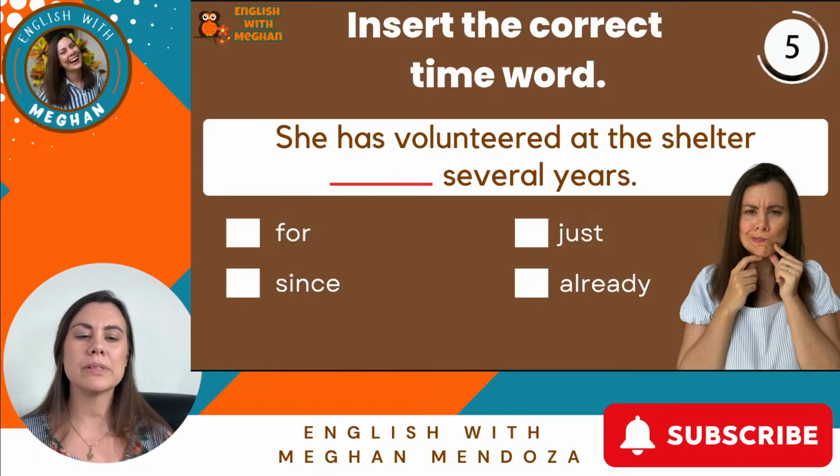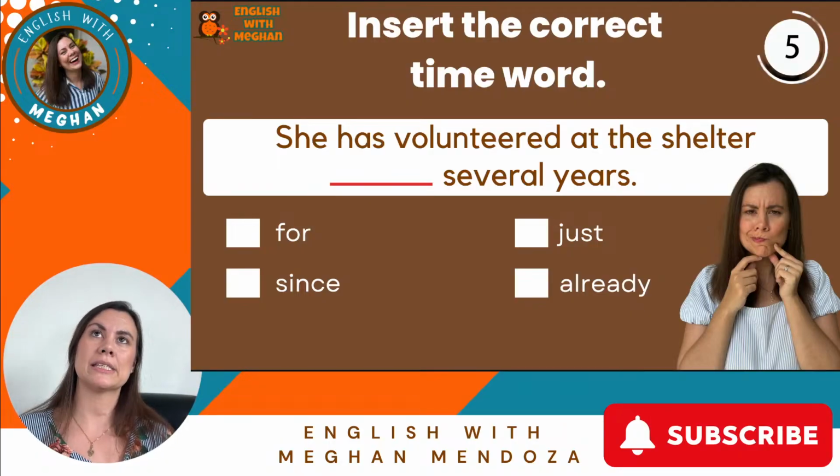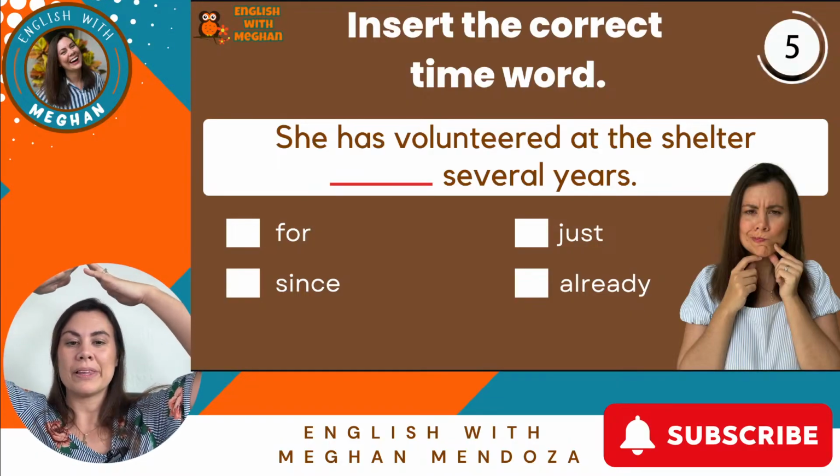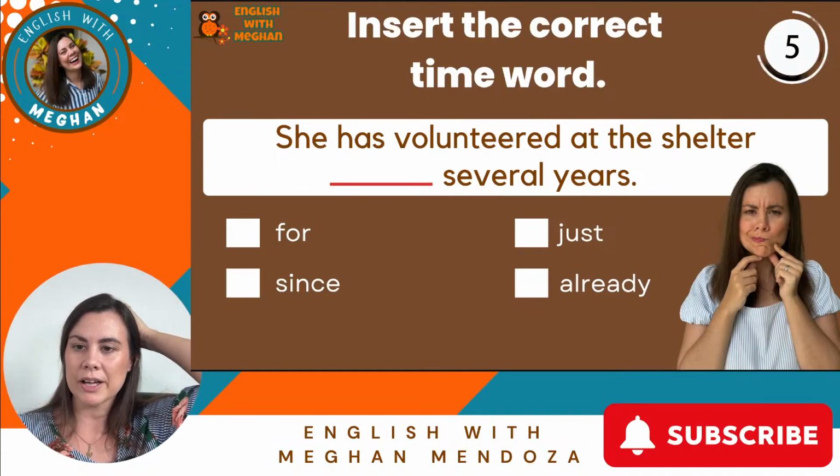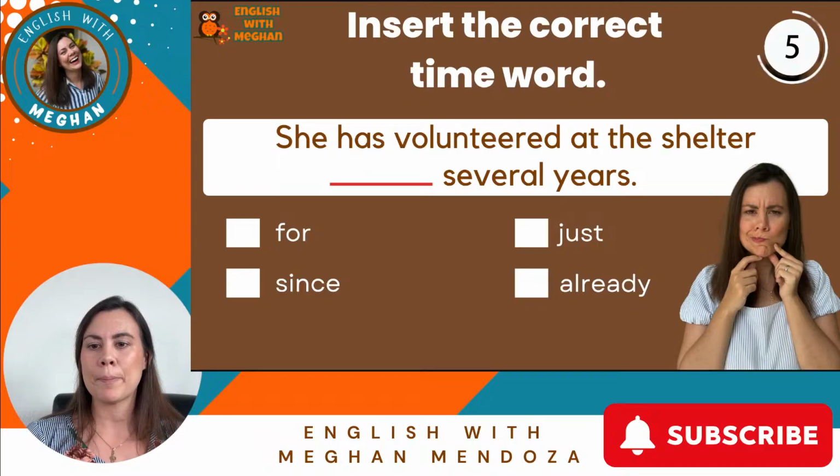But the original meaning of shelter is a place that puts a roof over your head, a house, right? We all have different kinds of shelters. But in this context, it's a place for people who have no home that they can go to.